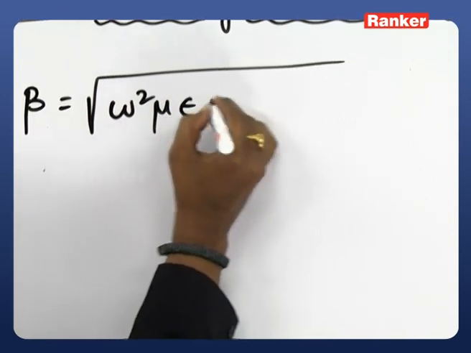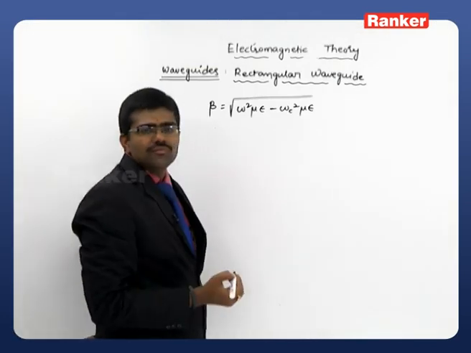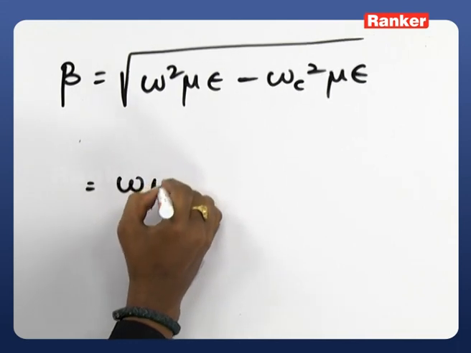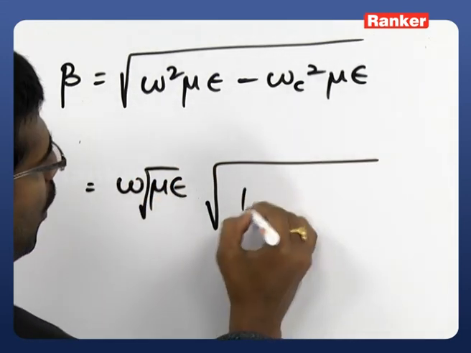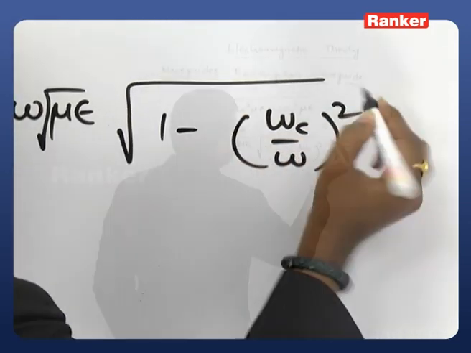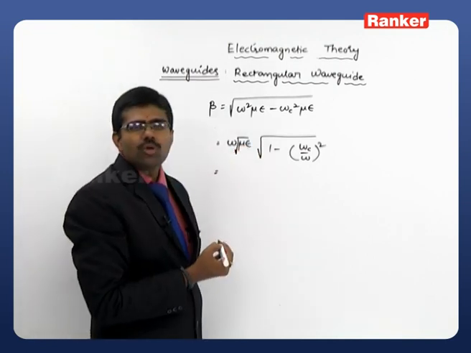Square root of omega square mu epsilon minus omega c square mu epsilon. Now take omega square root of mu epsilon common from this one. So omega square root of mu epsilon I am taking common, times square root of 1 minus (omega c by omega) whole square. So what is 1 divided by square root of mu epsilon?